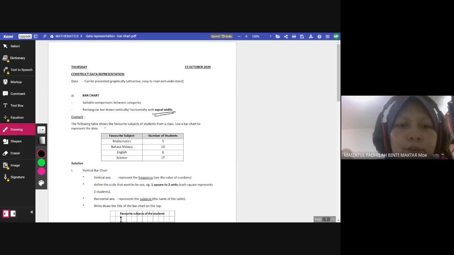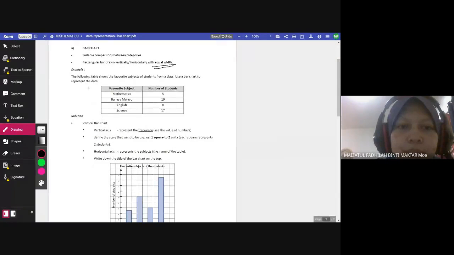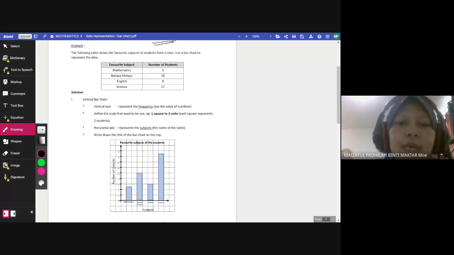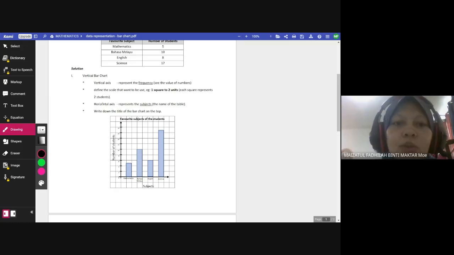All of you see this example: the table shows the favorite subjects of students in a class. Use a bar chart to represent the data. How do we construct the bar chart? If the question asks you to draw a vertical bar chart, you must know the meaning of the vertical axis and horizontal axis.